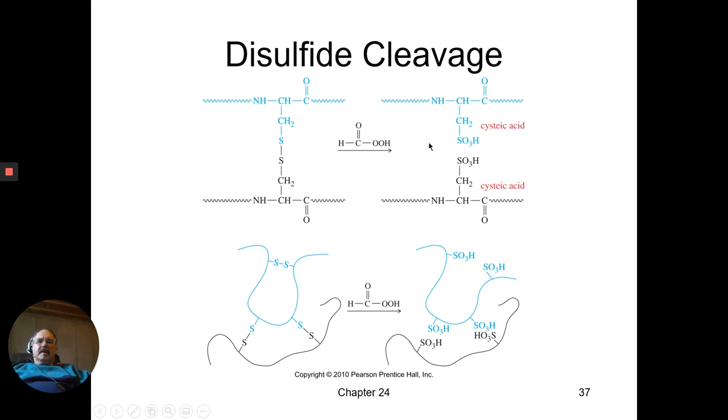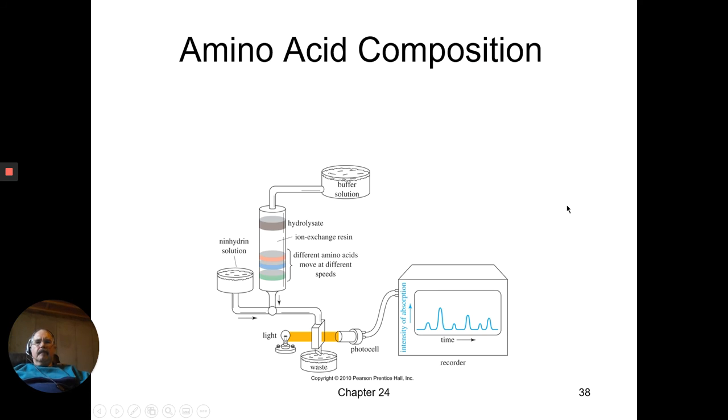Okay, so disulfide cleavage is often accomplished by using peroxyformic acid. There are amino acid analyzers, automated analyzers that are available.